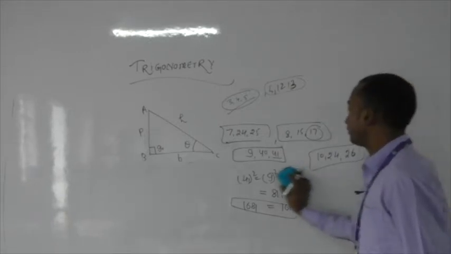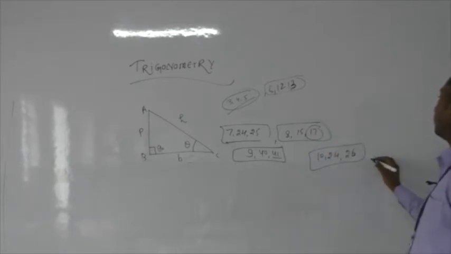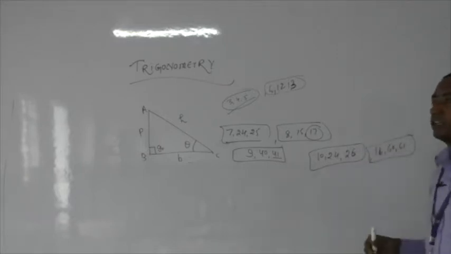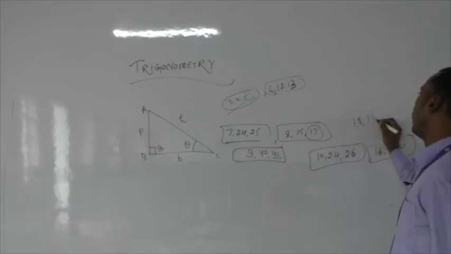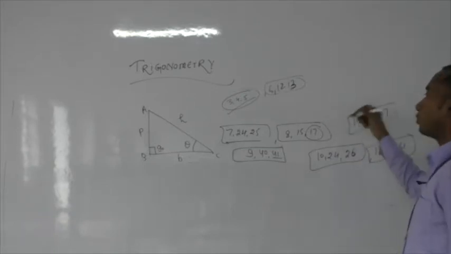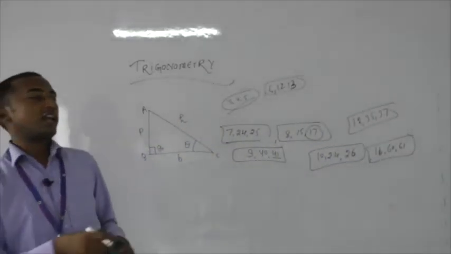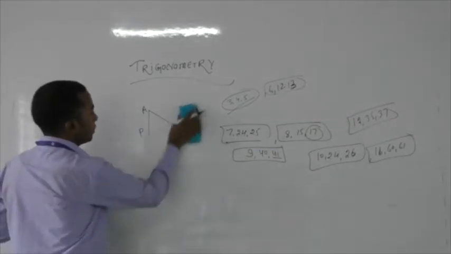Now the next one, 11, 60, 61. This is also another Pythagorean triplet. Then 12, 35, 37. These are the few Pythagorean triplets that I am going to utilize in some questions that you are going to solve. So let us solve the questions based on these formulas.